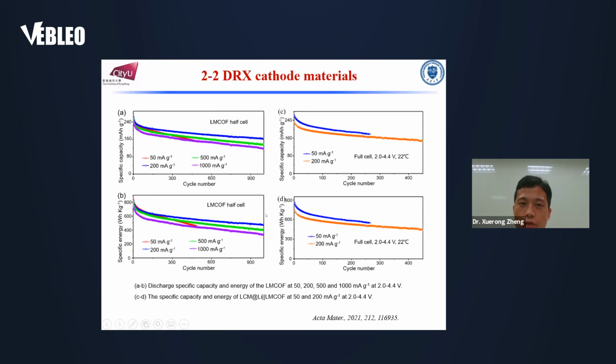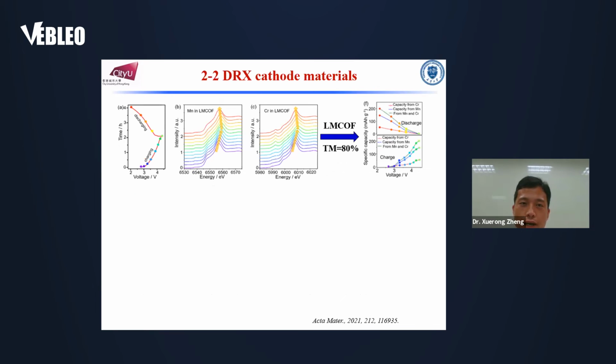Then we have a question: what kind of transition metals contribute to the capacity? We performed in situ hard XAS to characterize the valence states of the manganese and the chromium.